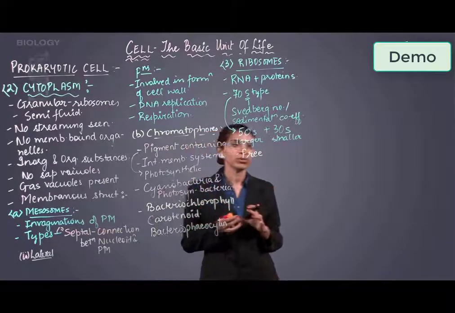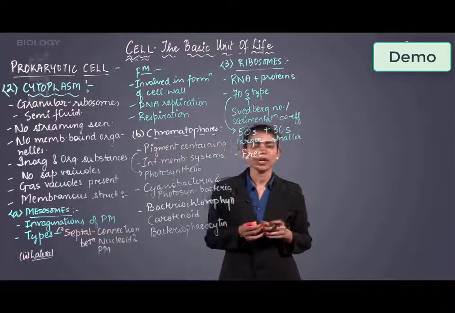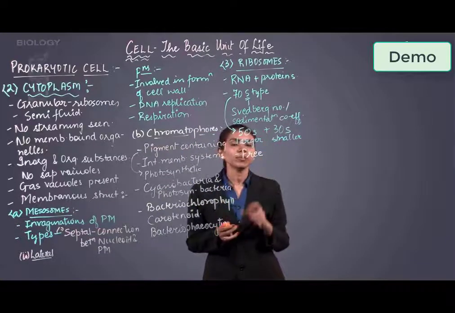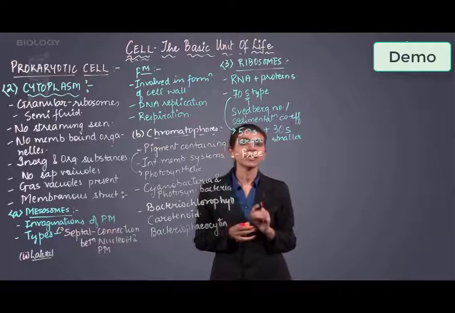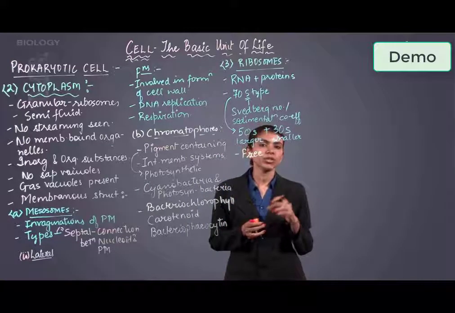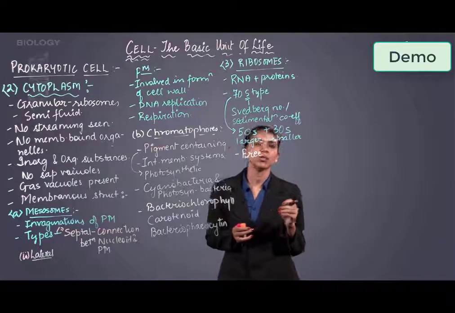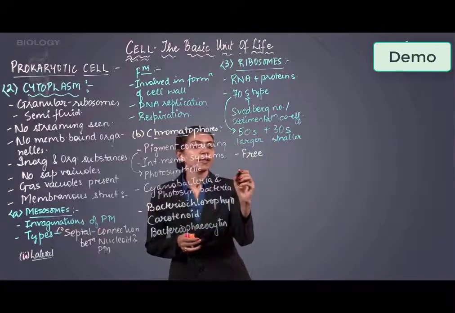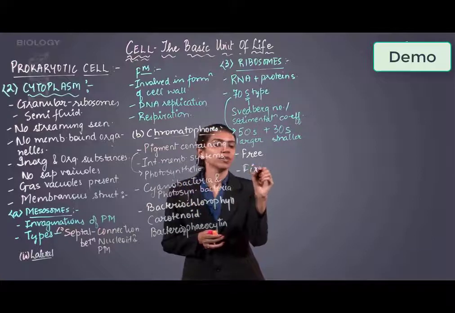Now the free ribosomes are lying in the cytoplasm. These help in protein synthesis. Protein synthesis is the main function of ribosomes, but the free ribosomes help in synthesis of proteins which are then used for intracellular functions. And there is another type called fixed ribosomes.